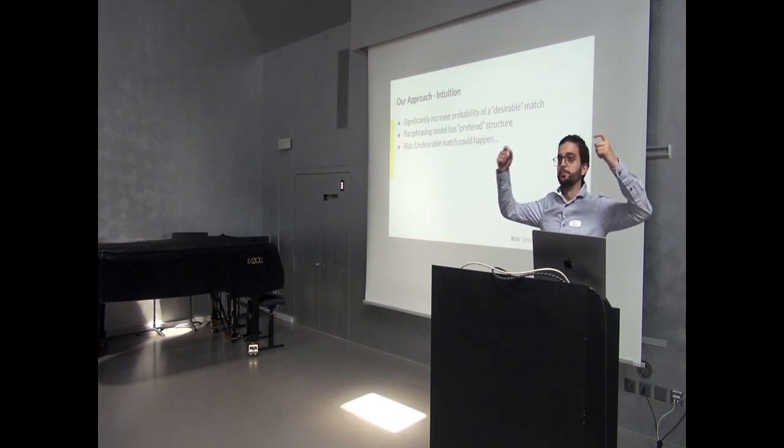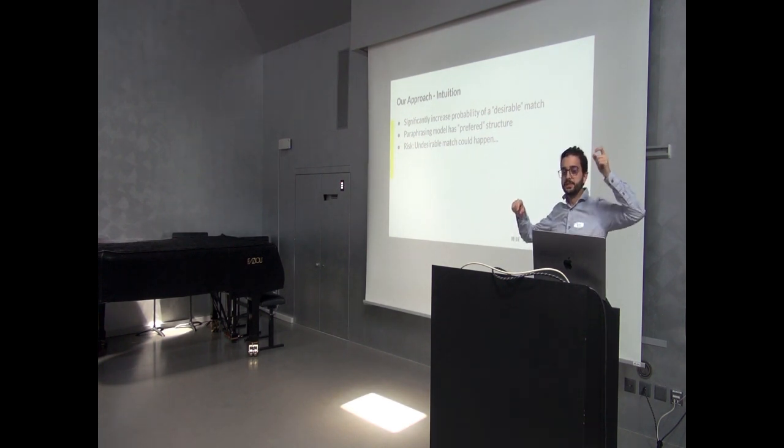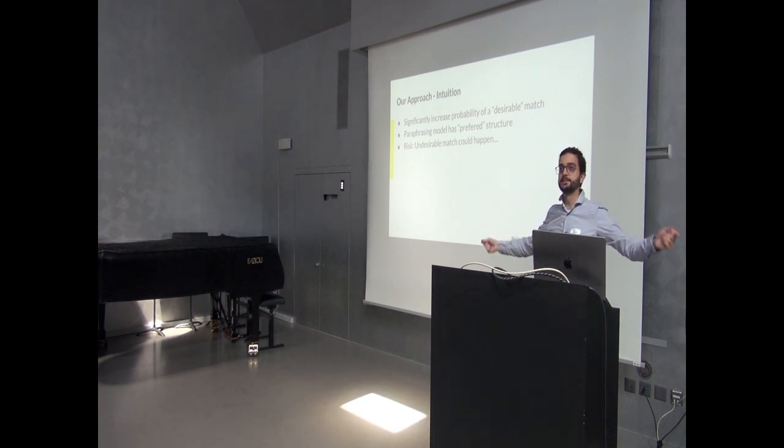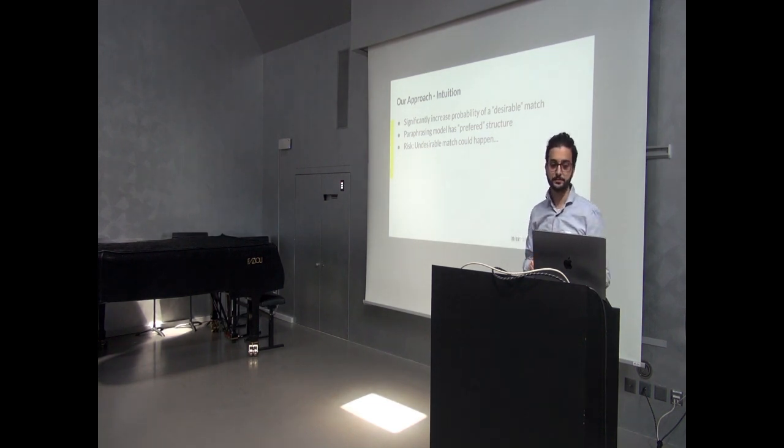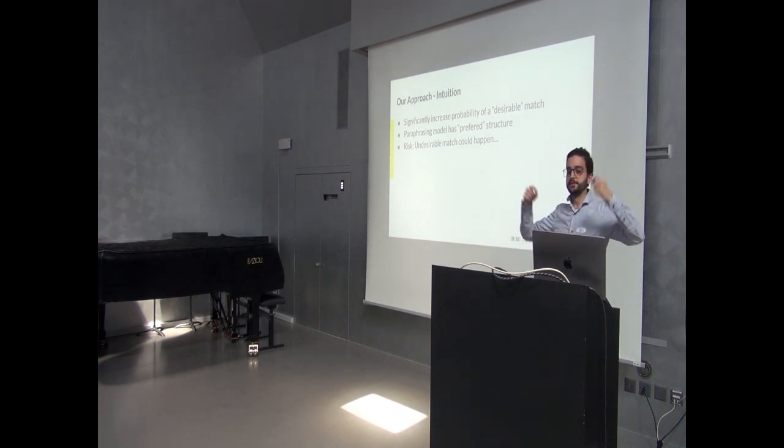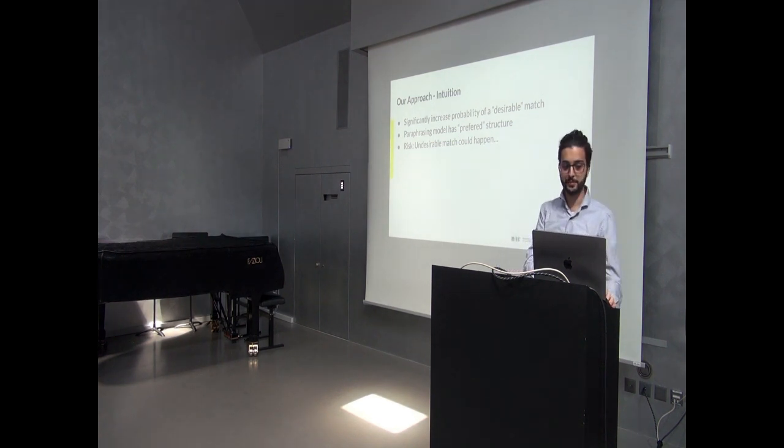But if we do this on both sides, the reference and the hypothesis, the chances that we generate the same sentence as a match is much, much higher. Because also these paraphrasing models have somewhat preferred sentence structure, and in this case it increases the chances to have a match.